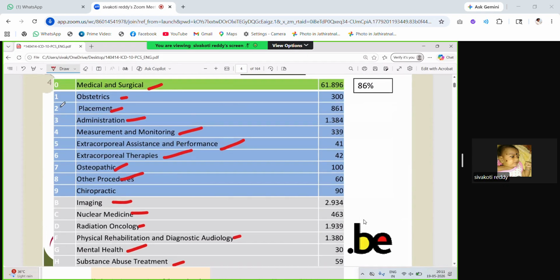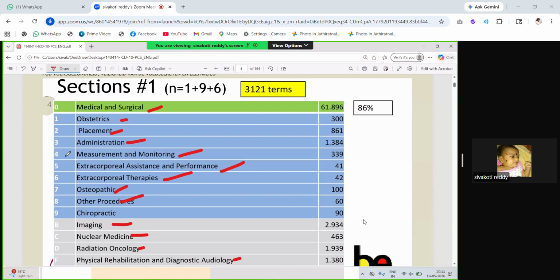The first characters of the sections are 0, 1, 2, 3. These are fixed values, guys. Suppose your procedure is related to medical and surgical; the procedure starts with 0.